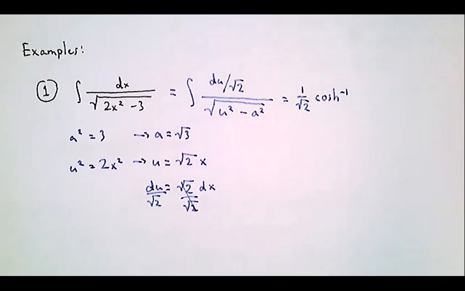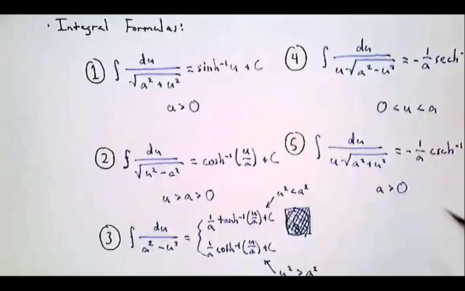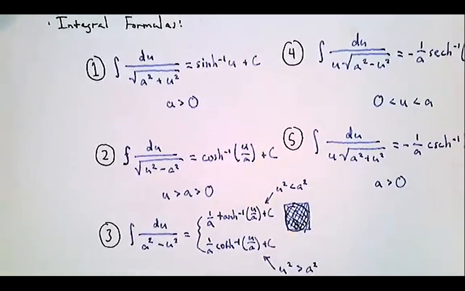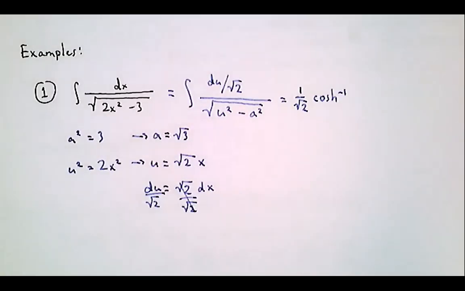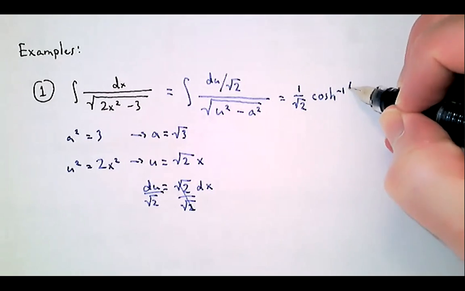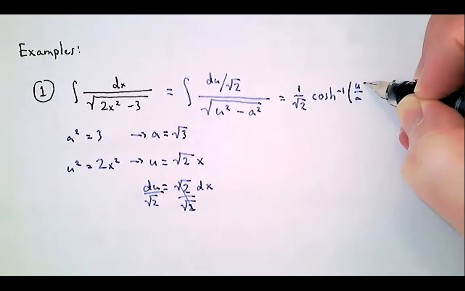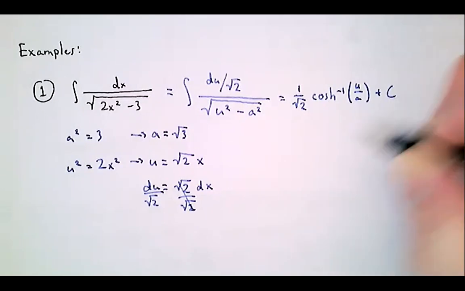And if you look back to the rule, here we have u over a on the inside. So let's write that, and then we'll substitute back in to finish off.